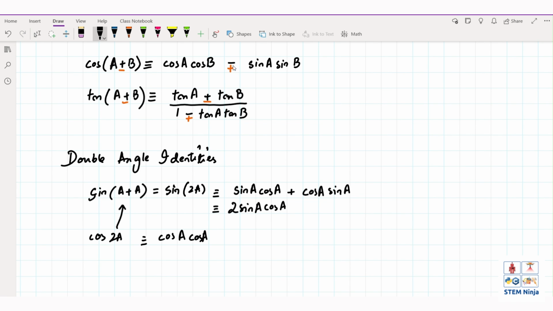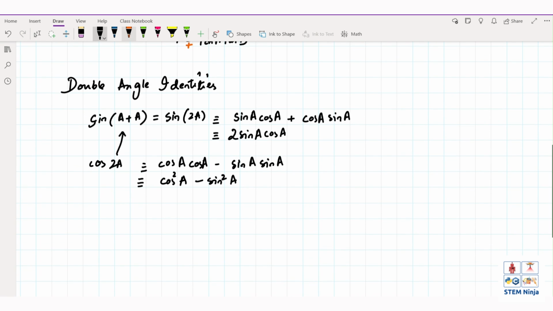Sign in the middle should be negative because it's A plus A. Sine A, sine A. This means cos squared A minus sine squared A. Now this is one form of cos 2A.